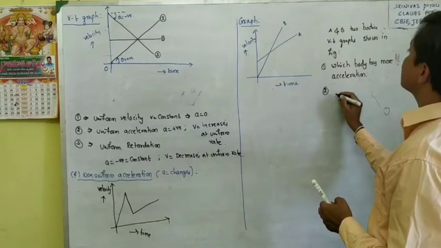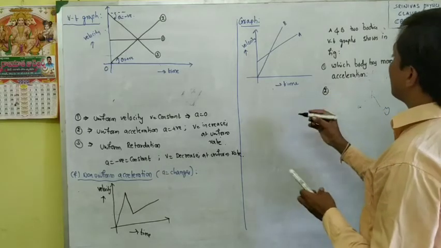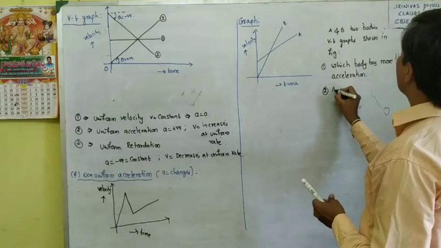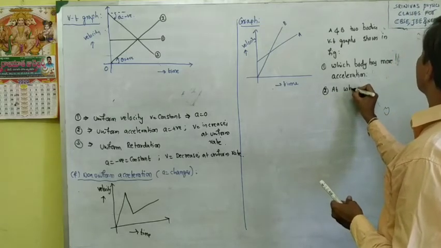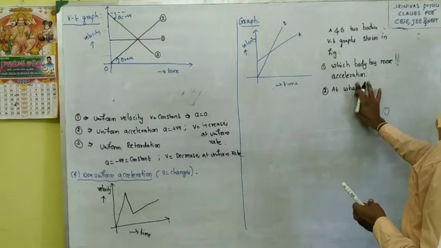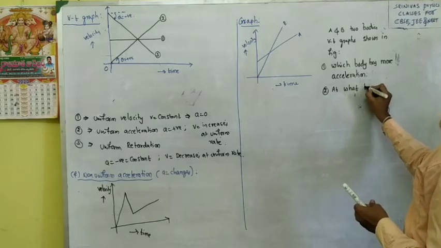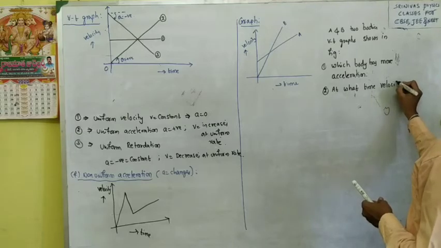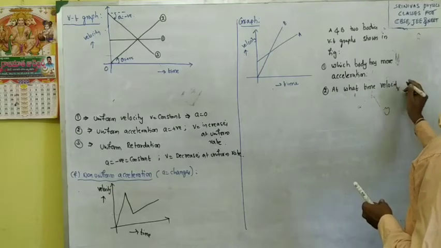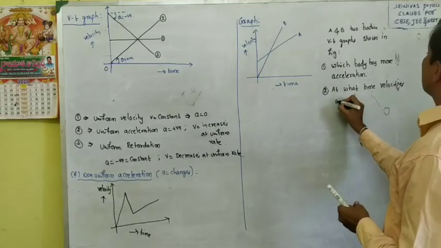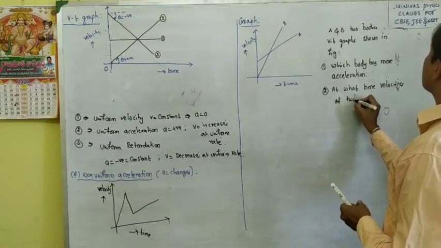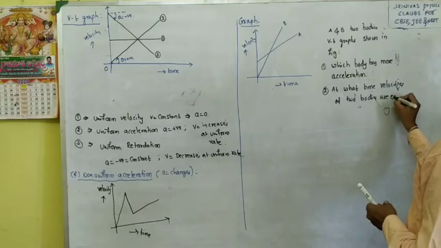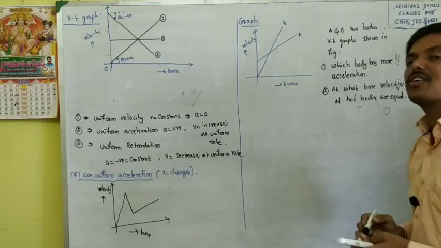And the second question is, at what time are the velocities of the two bodies equal? This is our question. Okay, let us see how to solve it.